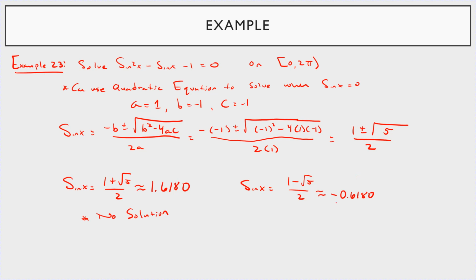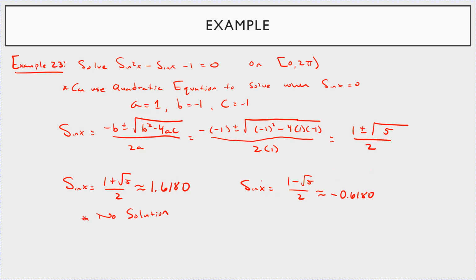All right, so just so we're clear what's happening here. I recognized that this was quadratic form, okay? So to figure out when the expression is equal to 0, I used the quadratic formula, and this is what I got. But now remember, this is giving me the values sine of x must equal.